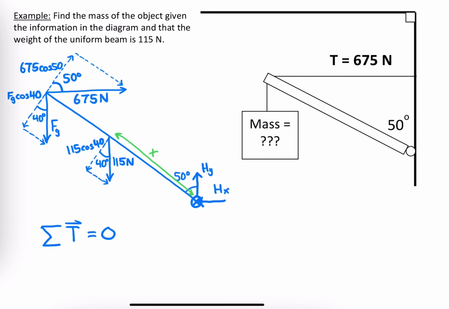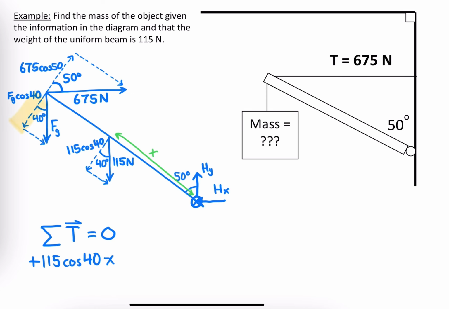So that torque is going to be 115 cos 40 times a distance of x. And that is going to try to spin me. If I'm spinning about this point, this guy's going to try and spin me in this direction. So counterclockwise, meaning this guy is going to be a positive torque.